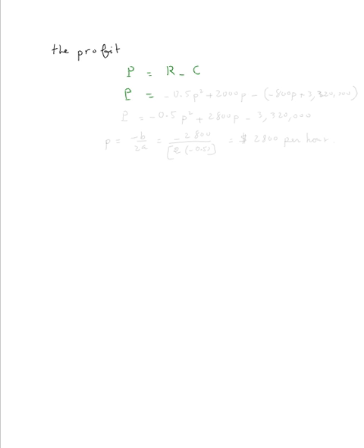So the revenue is negative 0.5P squared plus 2000P, minus the cost, which is negative 800P plus 3,320,000.